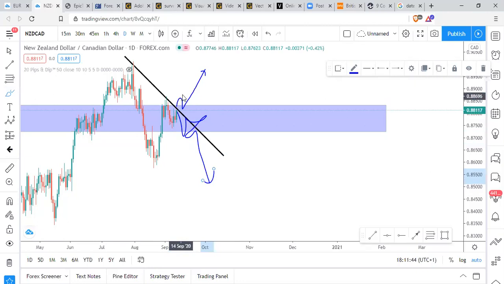So either it breaks, retests, then I buy, or it comes back here, breaks this zone entirely, retests the zone, then I do what? Sell. So either way, I must make money from the market, and it takes patience.